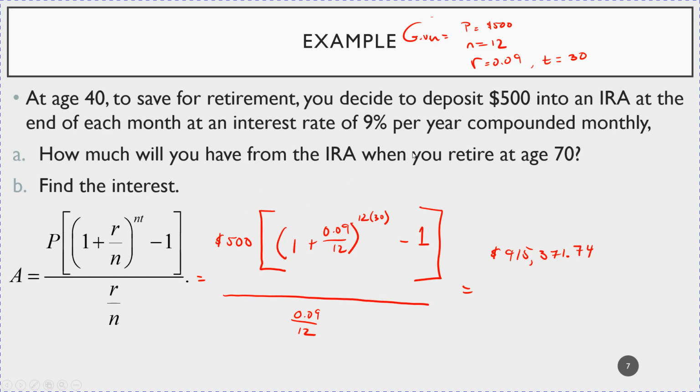All right, so again, let's find out how much is interest. So B here. That's equal to the total value of the annuity minus the total value of all payments, of all deposits.